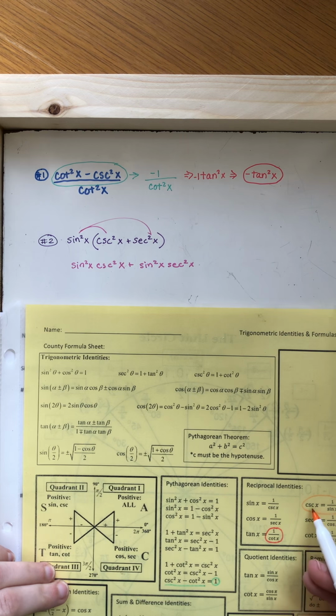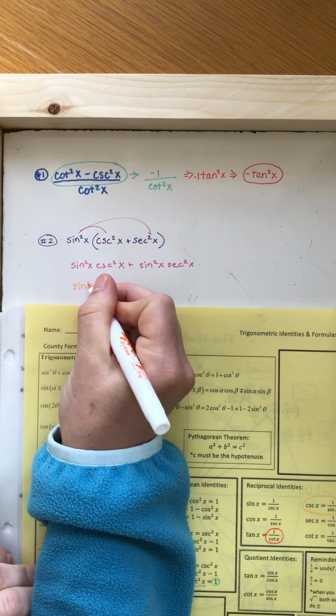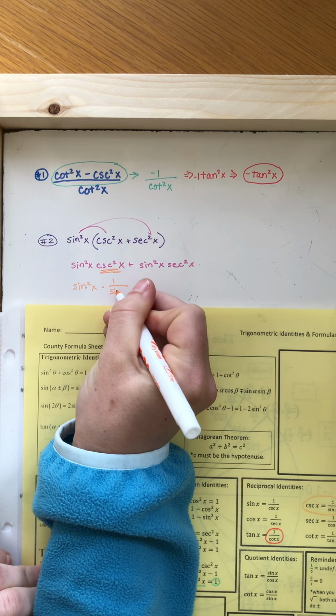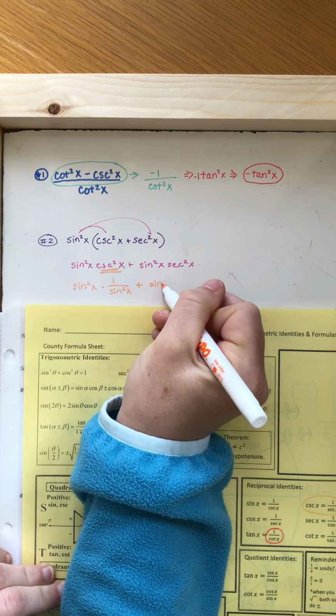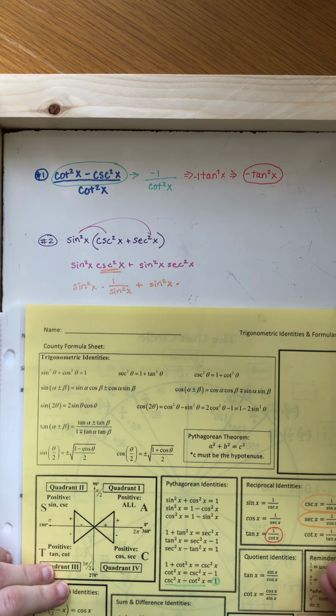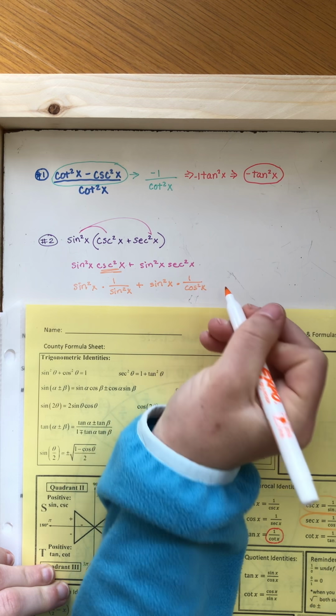And that's right here. Cosecant is 1 over sine. So cosecant squared is going to become 1 over sine squared. I have another sine squared there, times secant squared is 1 over cosine, so this is going to be 1 over cosine squared.